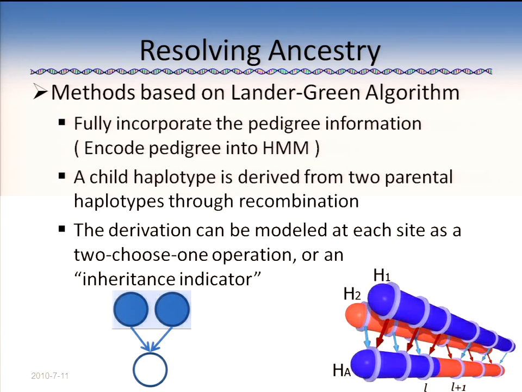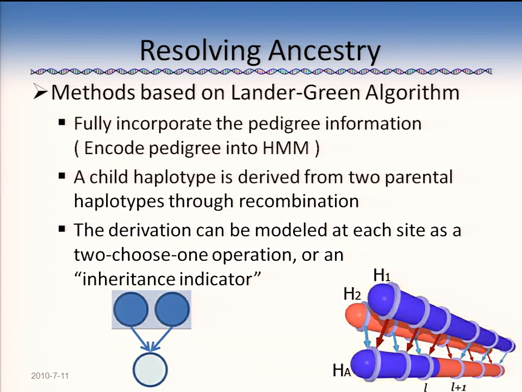The inheritance can be viewed at each site as a two-choose-one selection. So we can take a look at the picture on the bottom. The two haplotypes in the child haplotype indicate the allele comes from either the left parent or the right parent, and you can see a combination of the types.